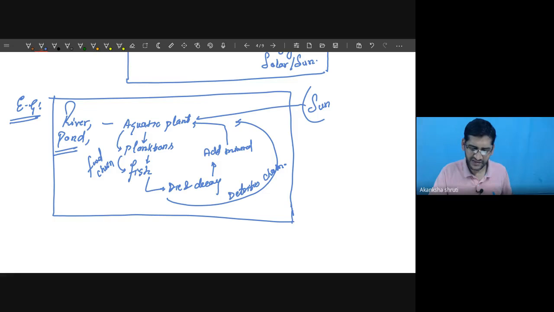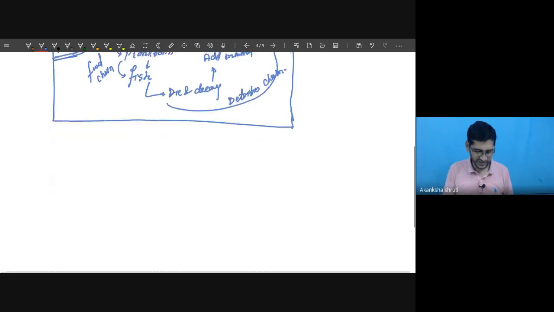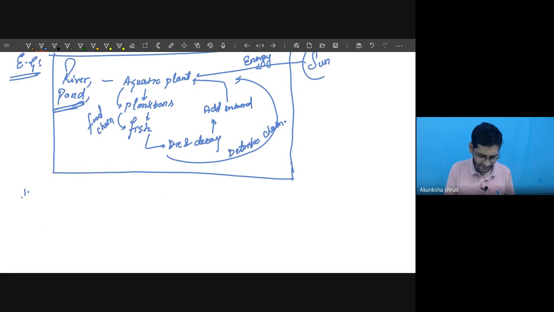So the sun is always giving energy to any kind of ecosystem. Therefore this river is an ecosystem. So write down examples. First, even a glass of water is also an ecosystem.